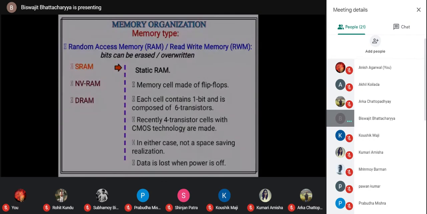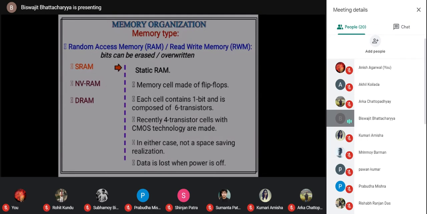Nowadays, it is possible to construct one memory cell using 4 transistors also, using CMOS technology. CMOS technology means it is taking power at quite low voltage. Therefore, it is very much power efficient. Okay, not consuming too much power.